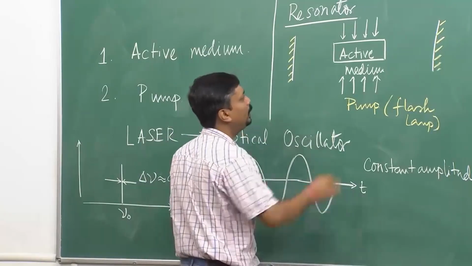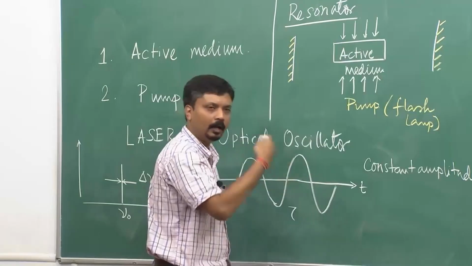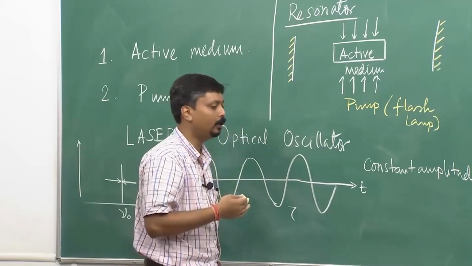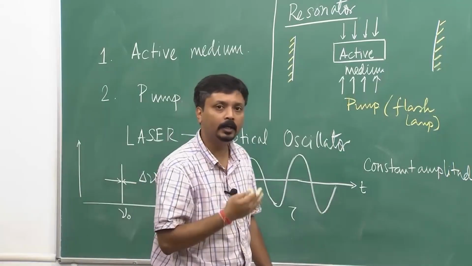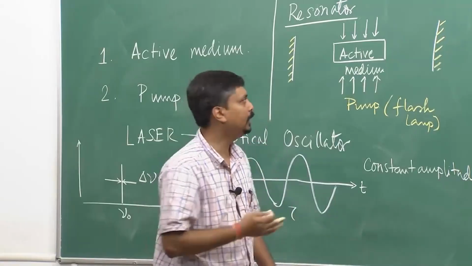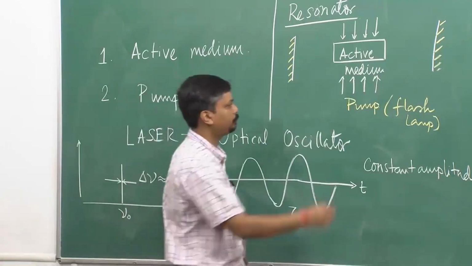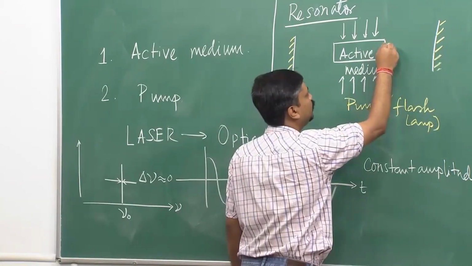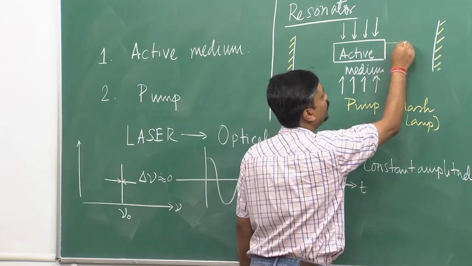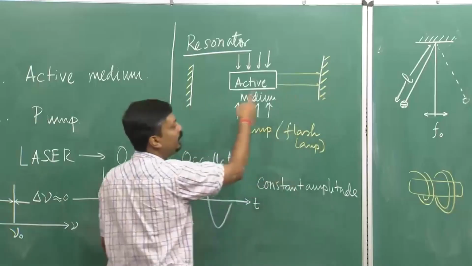So now what will happen? This system, after pumping, will at some point of time give you stimulated emission. The photons coming out of the stimulated emission will be coherent, okay, and they will be directional, and because of this directionality, whatever photons are going out in this direction will all be reflected back.